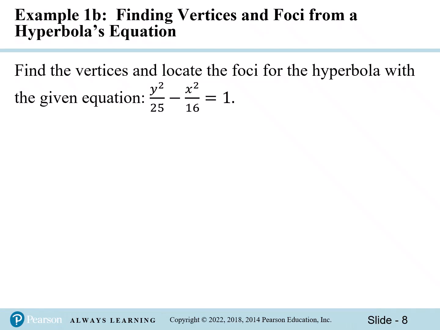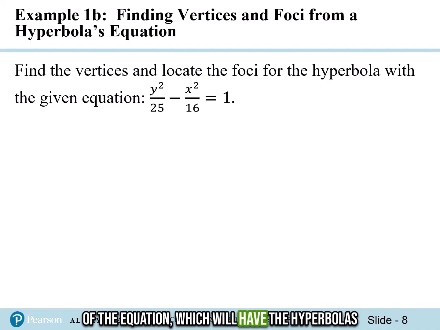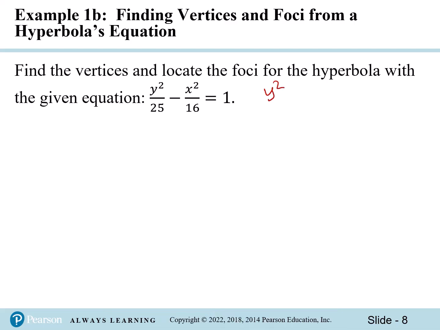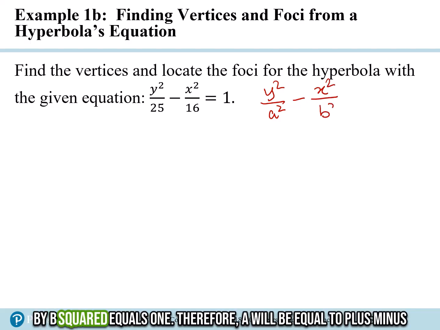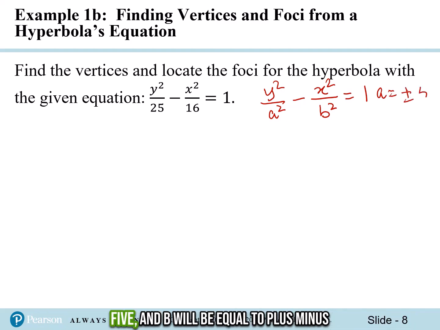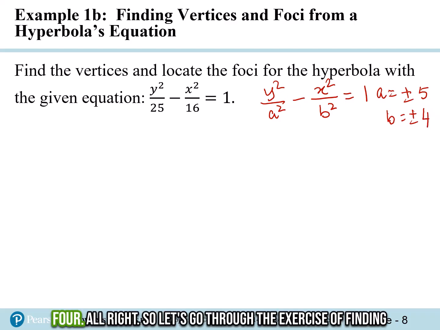What is the form of the equation which will have the hyperbola along the vertical axis? That's y squared divided by a squared minus x squared divided by b squared equals 1. Therefore, a will be equal to plus minus 5 and b will be equal to plus minus 4. All right.